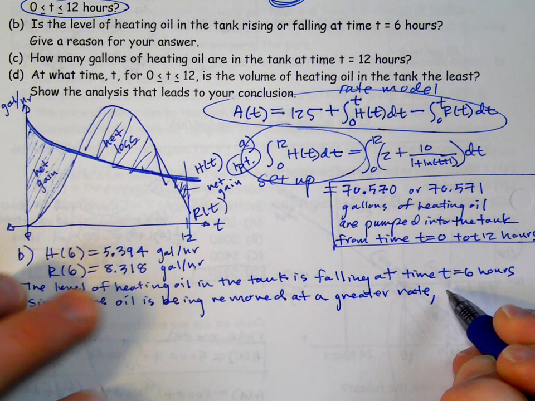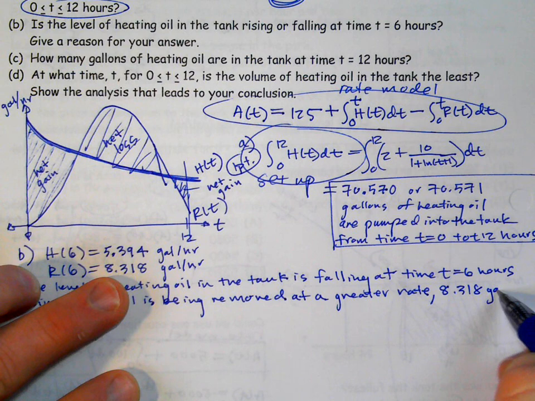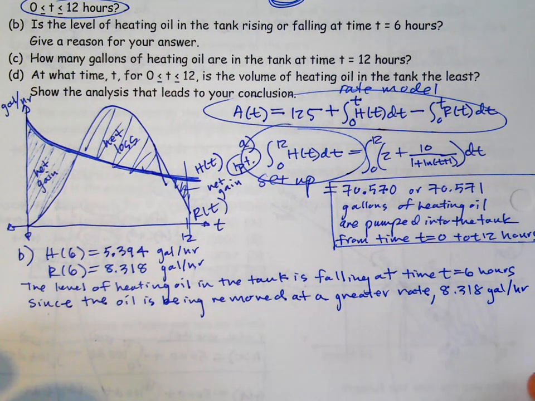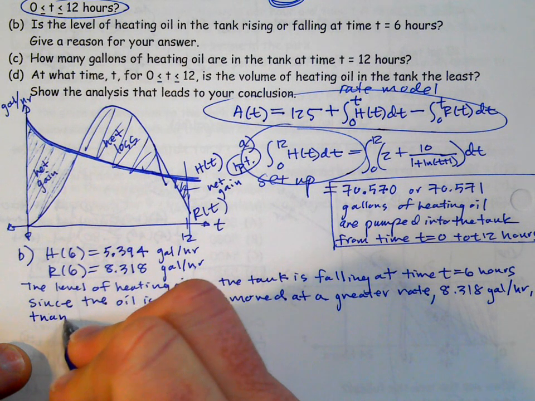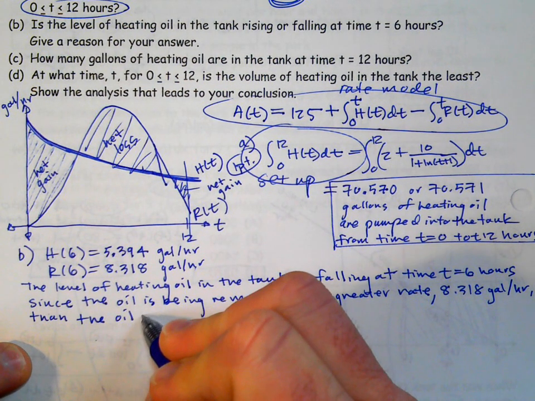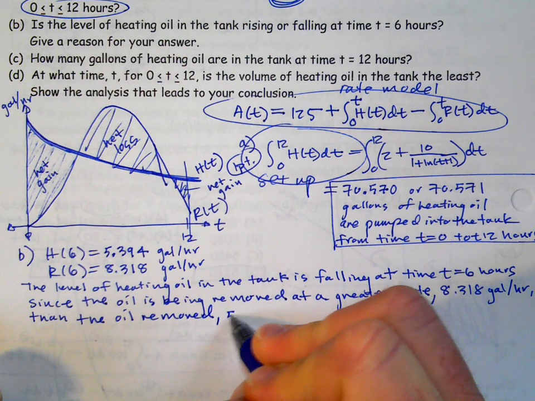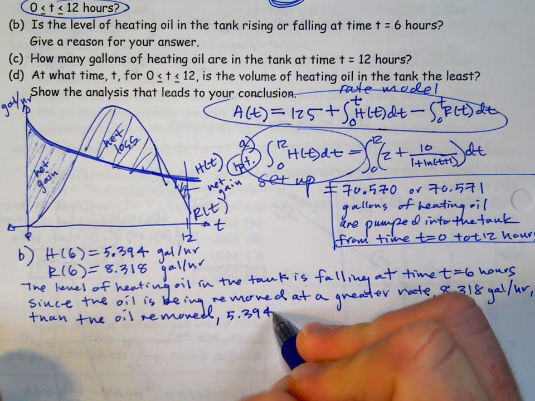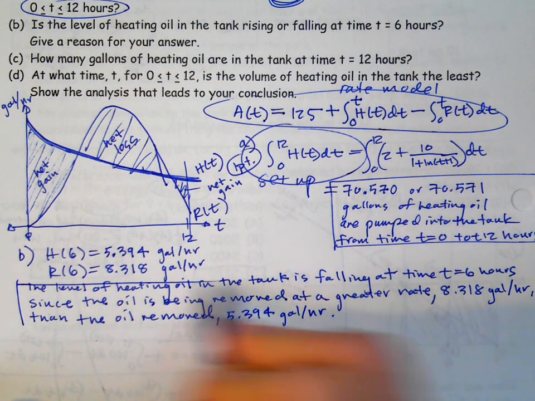And I'd put the number there, 8.318 gallons per hour, are the units. I'm trying to put units on here, at a greater rate than the oil entering, which is at 5.394 gallons per hour. So this is a really good answer here.